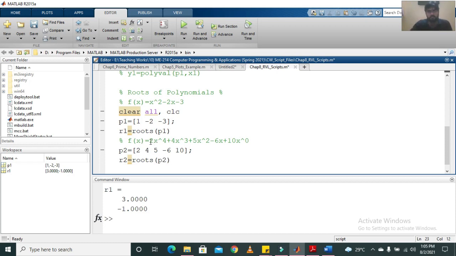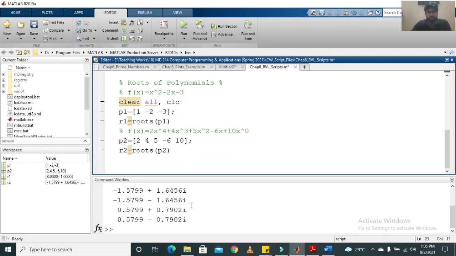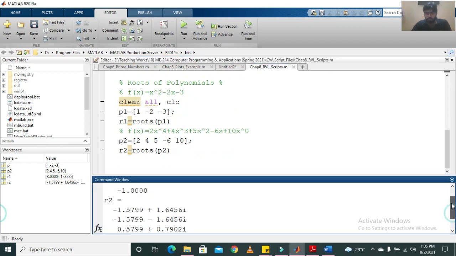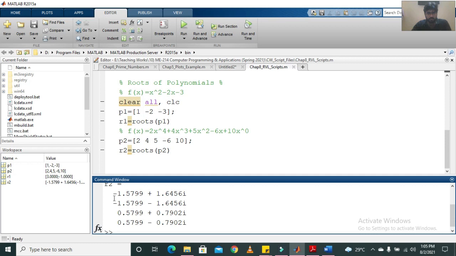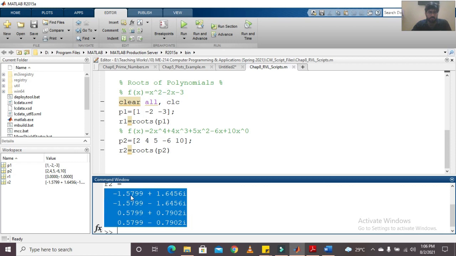Since it is a 4th degree polynomial, meaning the highest power of x is 4, it will have 4 roots. When I solve it, you can see that 4 roots have been generated, and all of the roots are imaginary, meaning this polynomial does not contain a real solution.